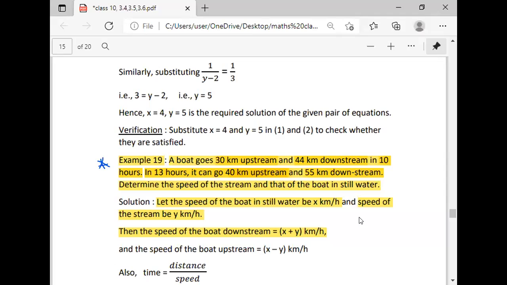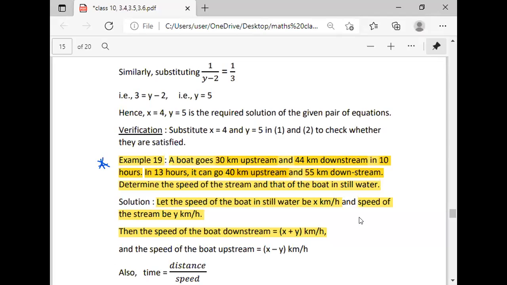How does the speed increase? Only if the two speeds are adding. That's why we are adding the speed of the boat in still water plus the speed of the stream. That's how we get the speed of the boat downstream equal to x plus y kilometer per hour.